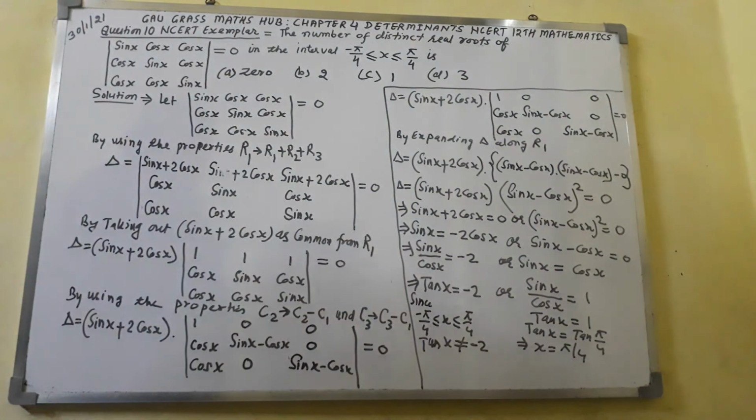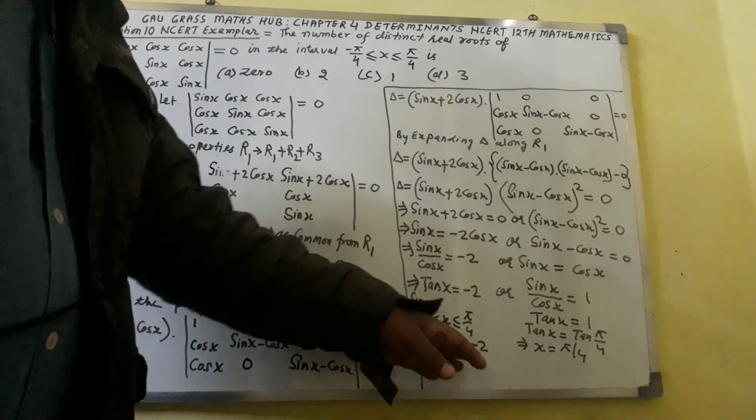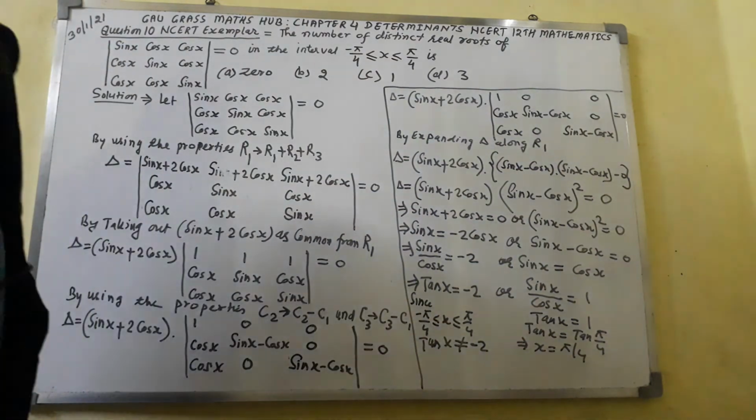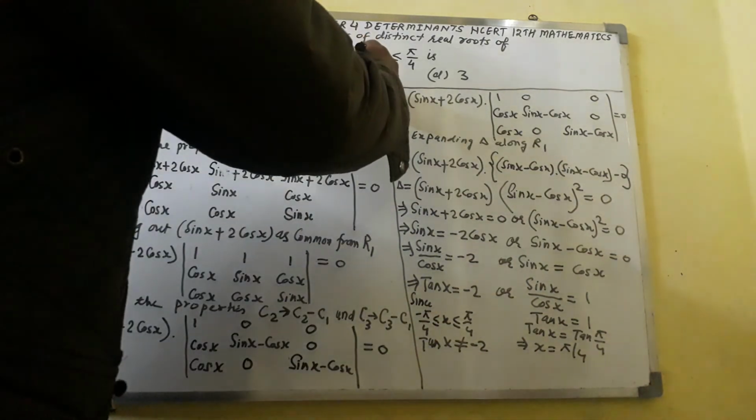So here only one distinct root is possible. So here I shall write, hence only one distinct root possible.